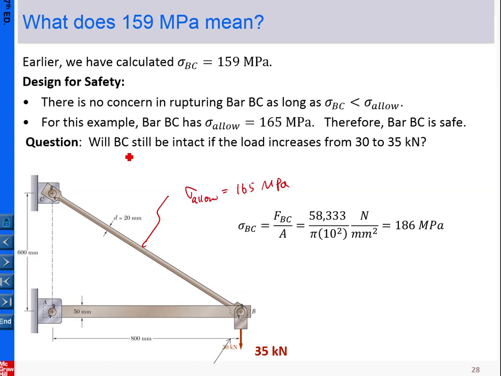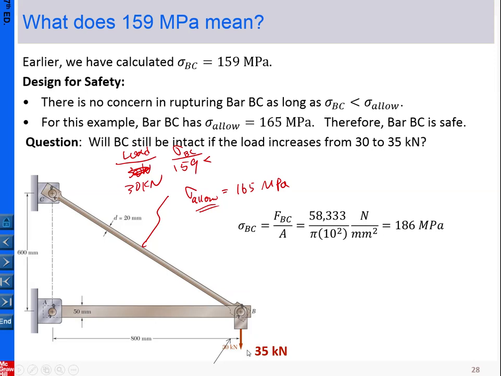So right now, for the loading equal to 30 kilonewtons, the stress in BC equals 159. That 159 is calculated due to the loading of 30 kilonewtons, and it is less than the allowable stress. So this loading is okay for this structure to carry.